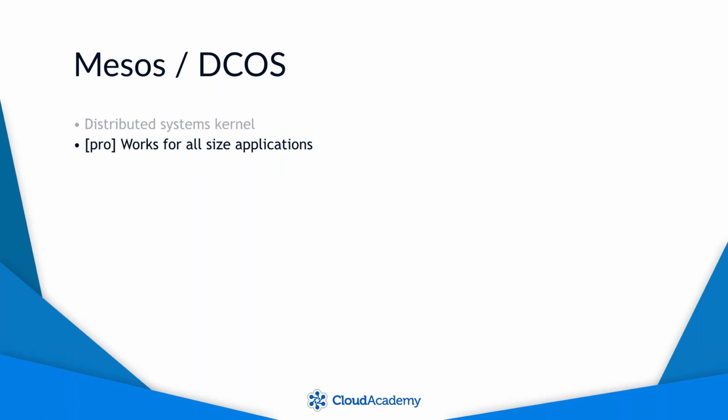So a pro here is that this works for all sizes of applications. And the same thing with Kubernetes is that, yes, it works with all sizes of applications, but you get much more benefit the larger and more complex your workloads become, because that's really what it's intended for. So if you just have one container, probably not worth it for you to make the jump into this sort of deployment architecture.